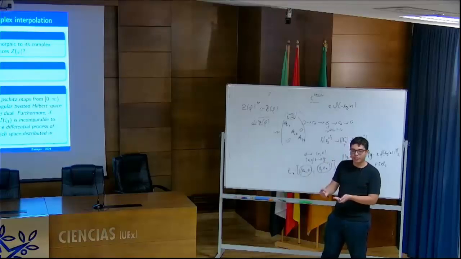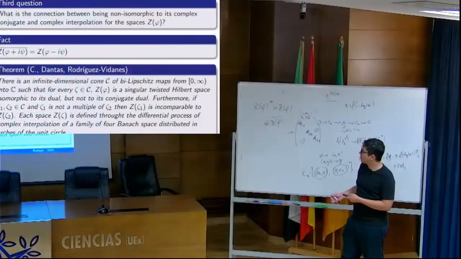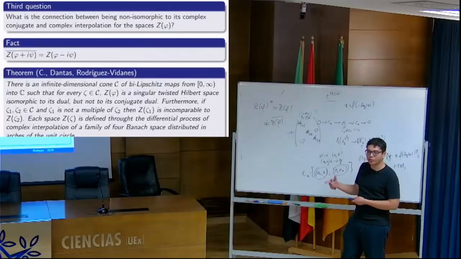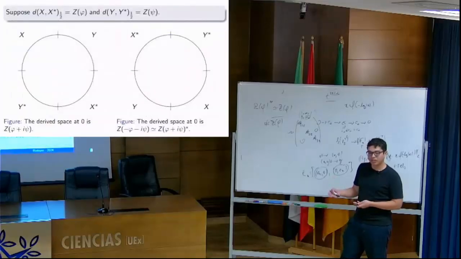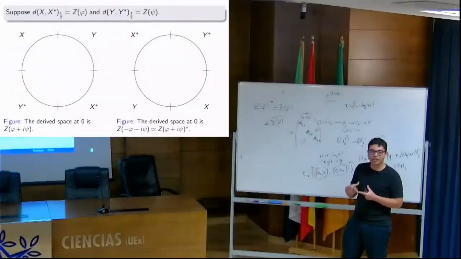We can look at them. And here's the last part, the connection with complex interpolation. Each one of these spaces is defined by complex interpolation, not of a pair, but of 4 spaces. Here's an image that helps explain why these spaces are isomorphic to their dual, but not their conjugate dual.